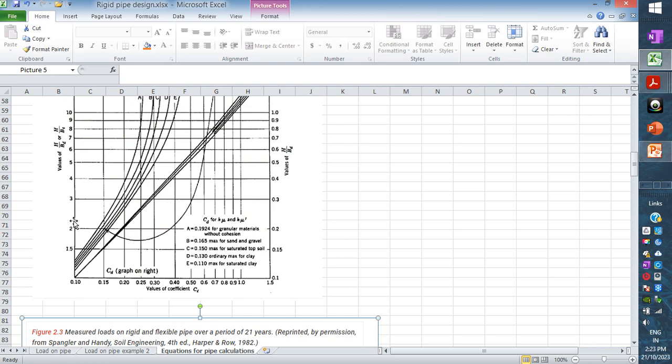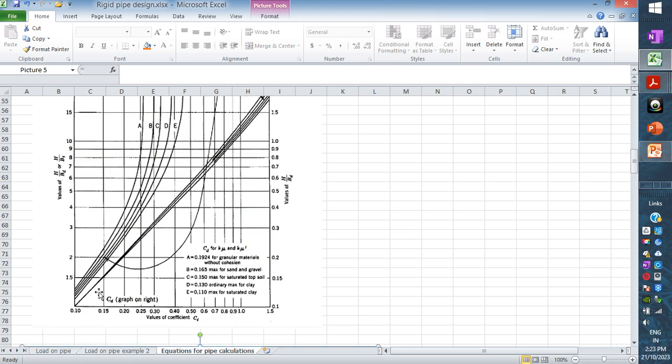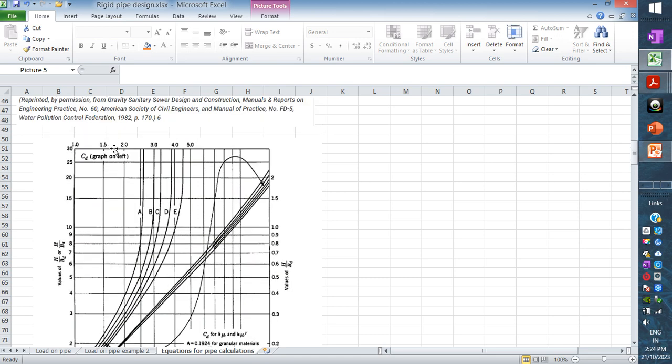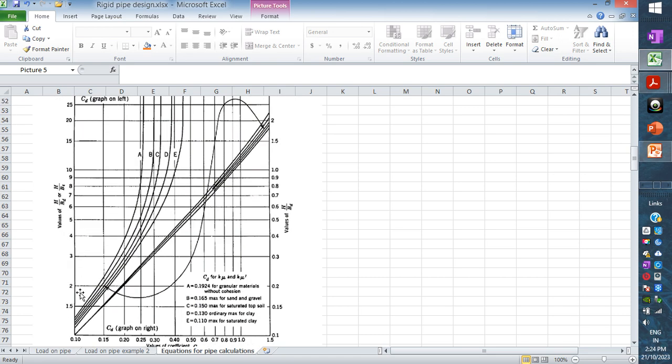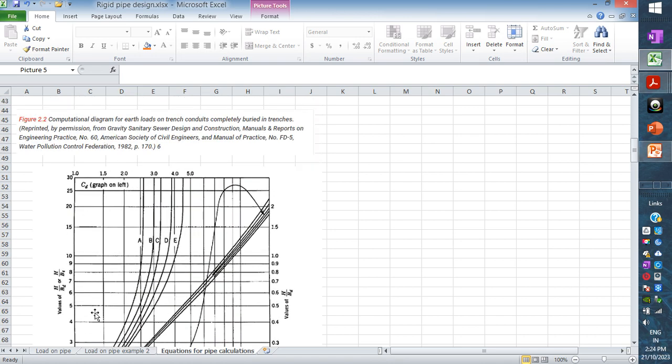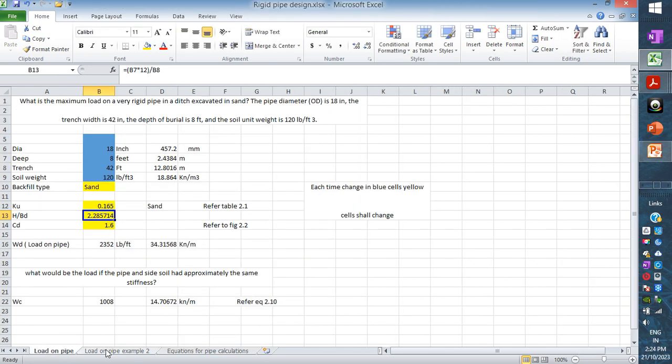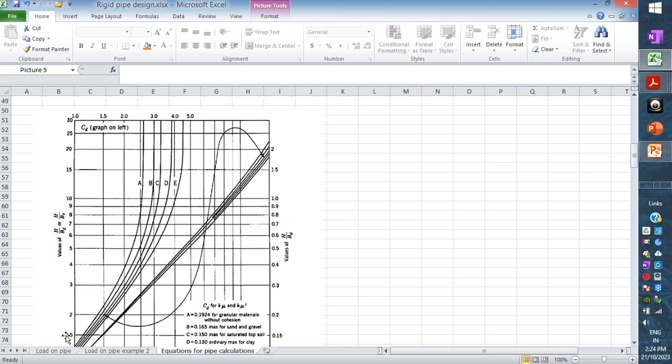So that is 2.28 on the axis, and the condition is B, and projecting up it is about 1.6. So the CD value from the graph is 1.6.